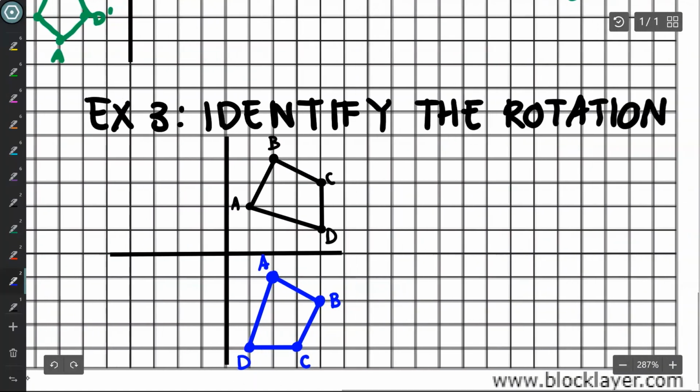Alright, and lastly, we're going to identify the rule. Alright, so this is an open-ended, which means it's tricky because there's 2 possible answers we can get. So I can get this answer if I follow my image, I moved 90 degrees to the left, so one possible option is 90 degrees counterclockwise.